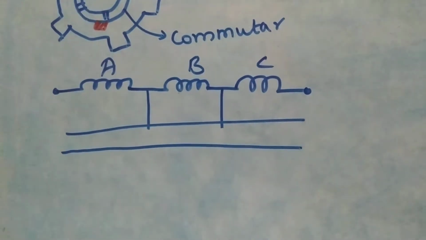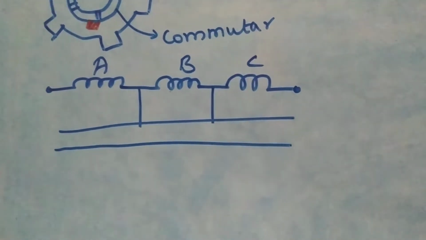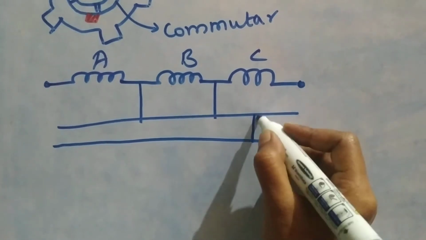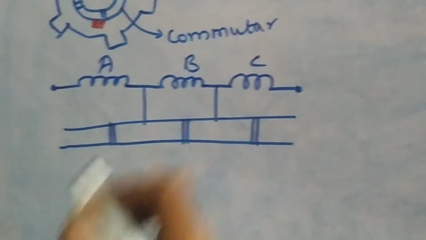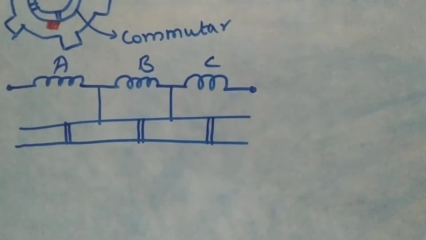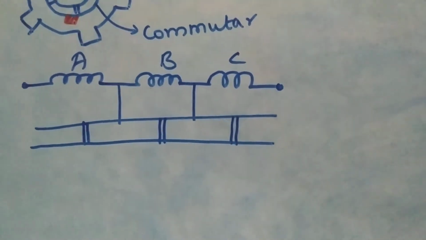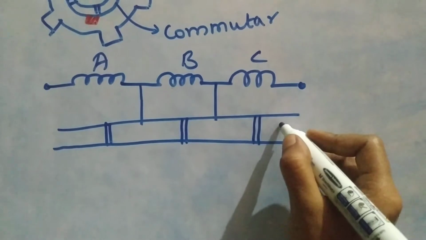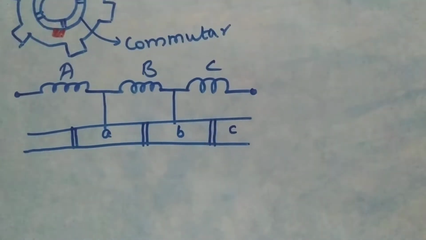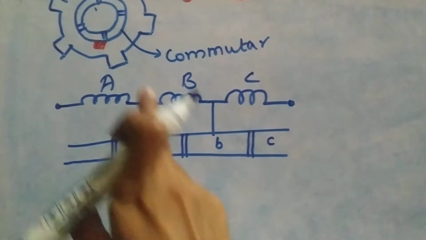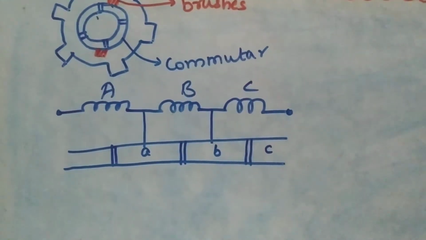So this is a commutator segment. Let me denote this as small c, let me take this as B and this as A. So this is a commutator segment which you can see here.